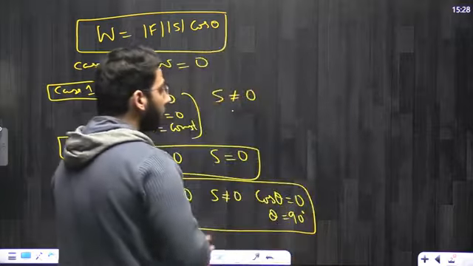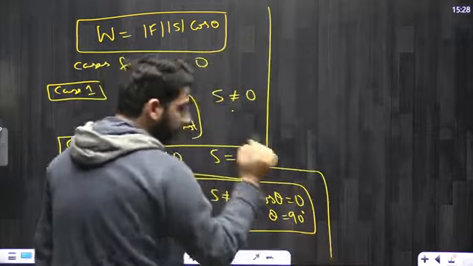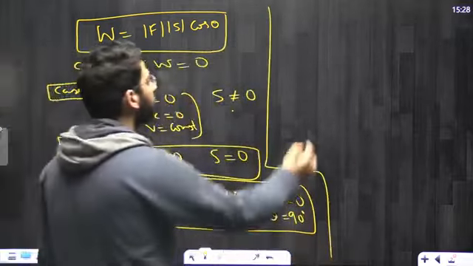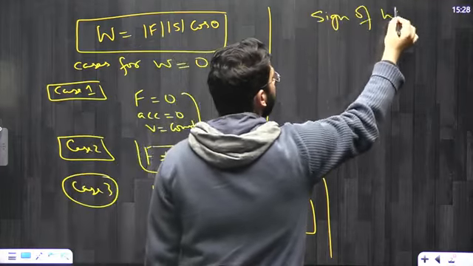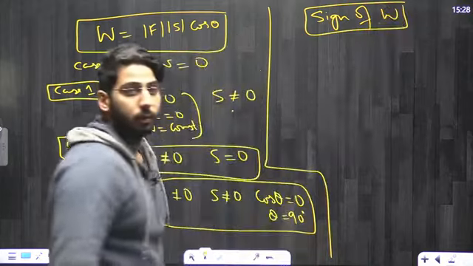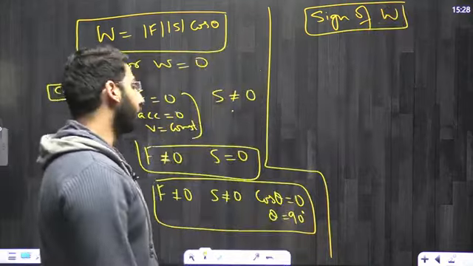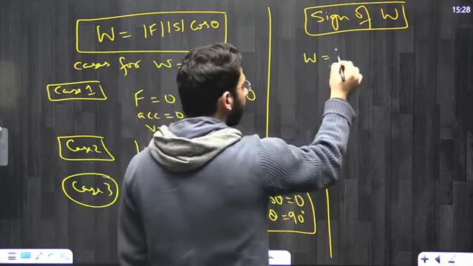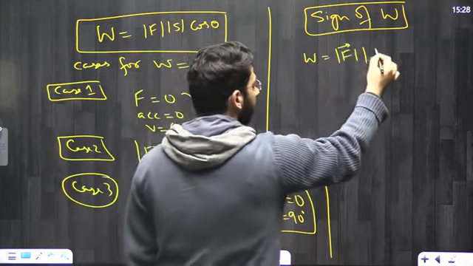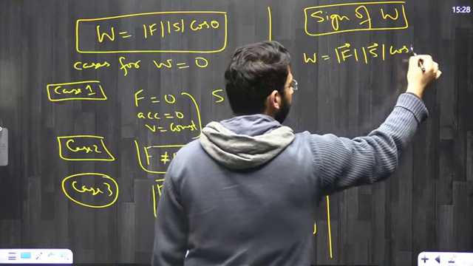Now let's talk about the sign of work done. When do we take work done to be positive, and when do we take work done to be negative? So, sign of W. Work done is mod F mod S cos theta.